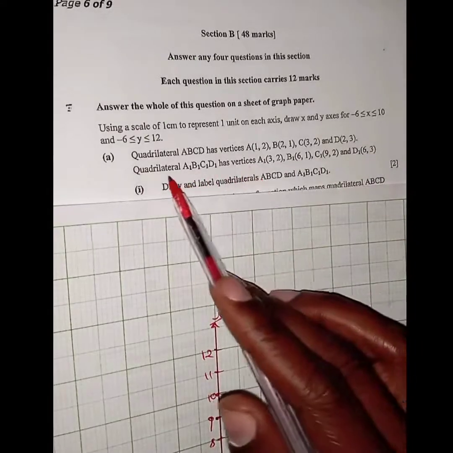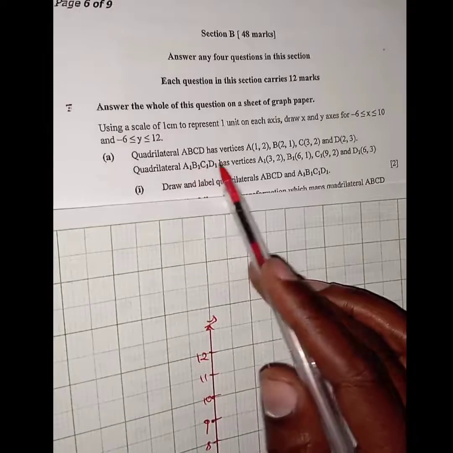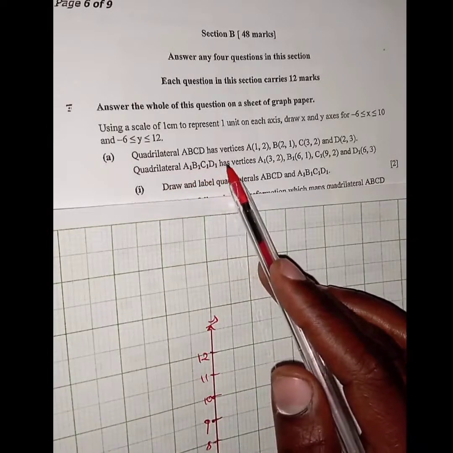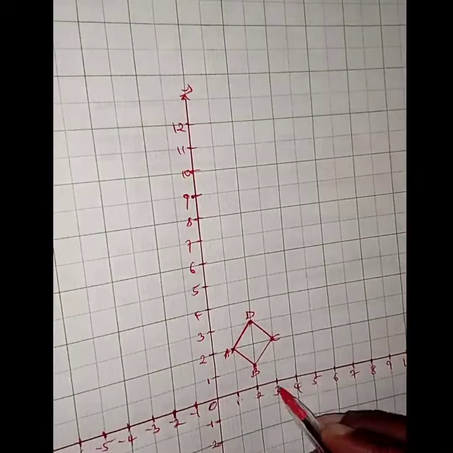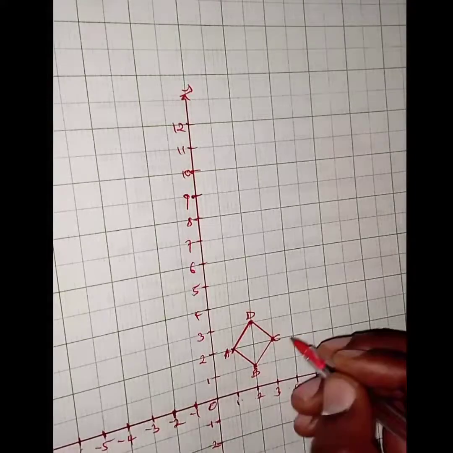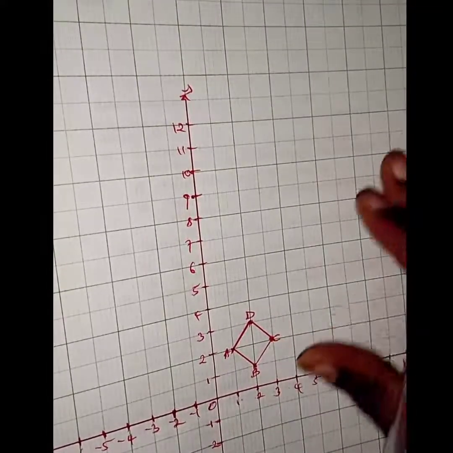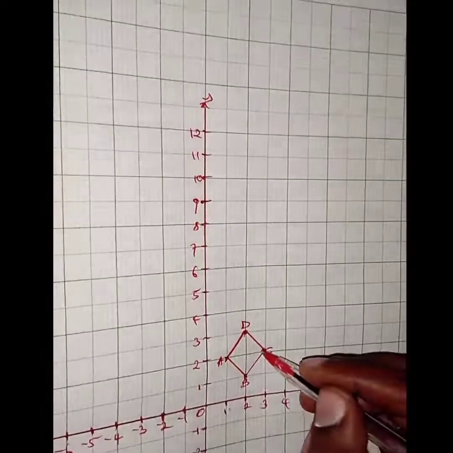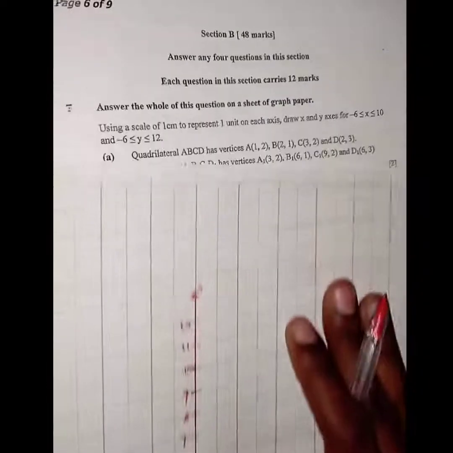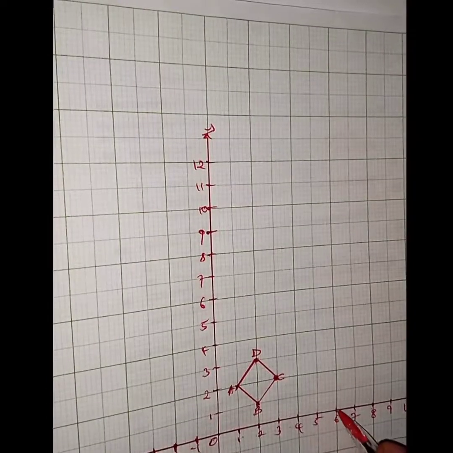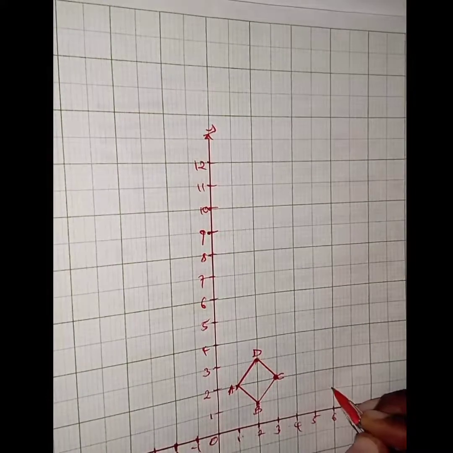We've also been given the image A1, B1, C1, D1. It means the image quadrilateral A1, B1, C1, D1 has vertices A1 (3, 2). 3 is here, 2 is where? It's here, (3, 2) is there. It's just here on C. Then (6, 1): your 6 is here, your 1 is here.